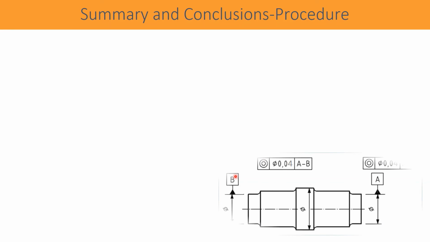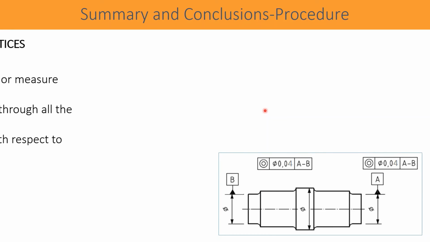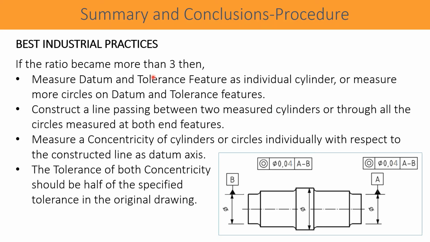Best industrial practices: if the ratio becomes more than 3, then measure the datum and tolerance feature as individual cylinders, or measure more circles on the datum and tolerance features. Maybe 3 circles on the datum cylinder and 3 circles on the tolerance cylinder.